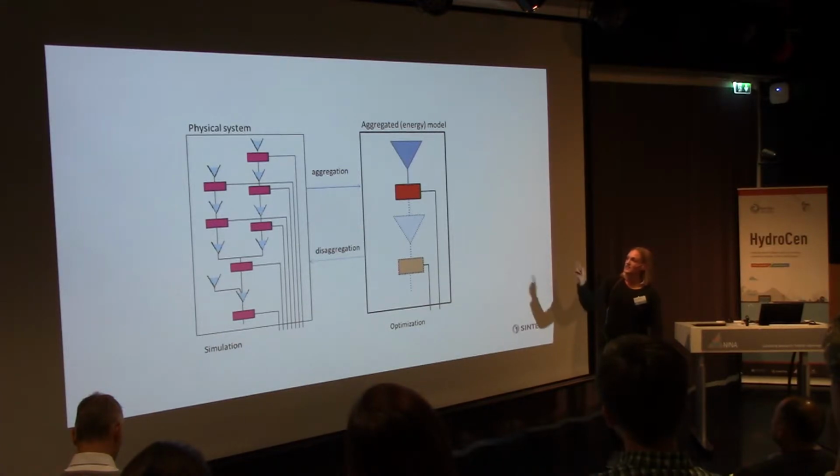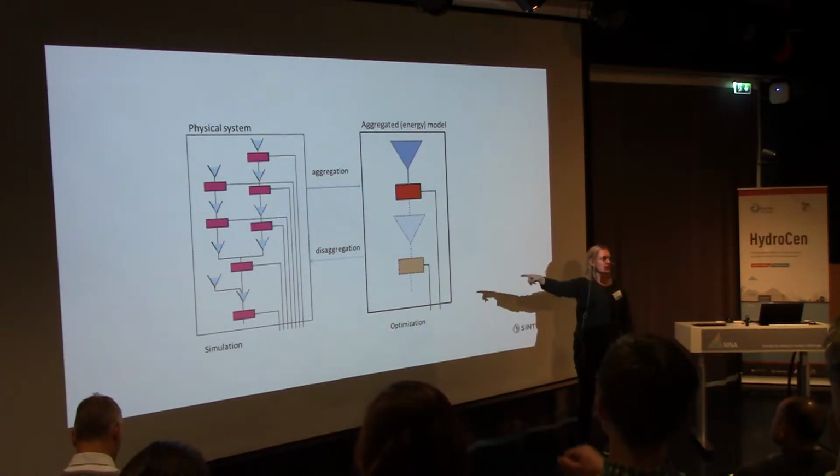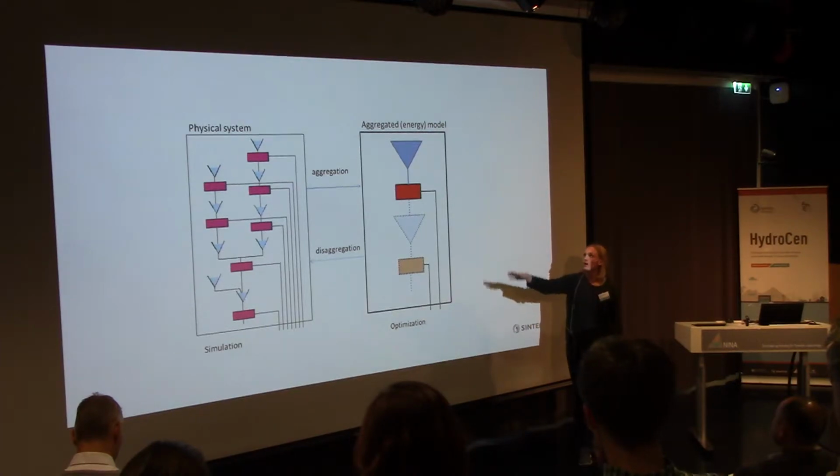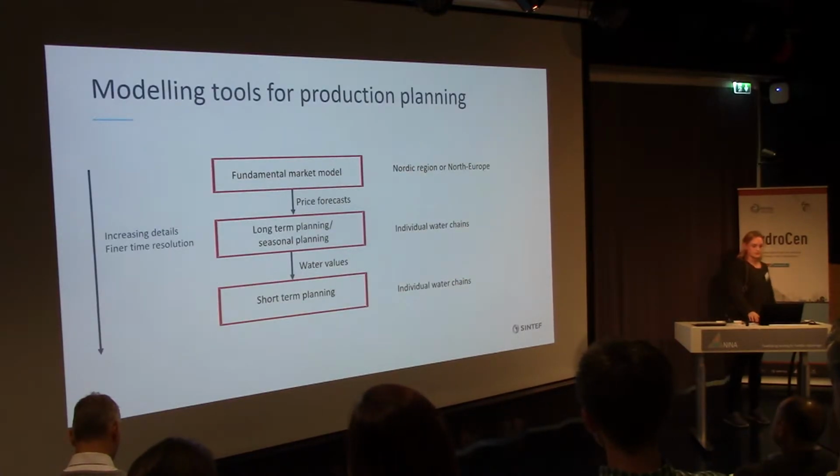So this is just an example of how you could use a finer, more detailed description in your modeling, but you could also aggregate it up to a quite simple description.